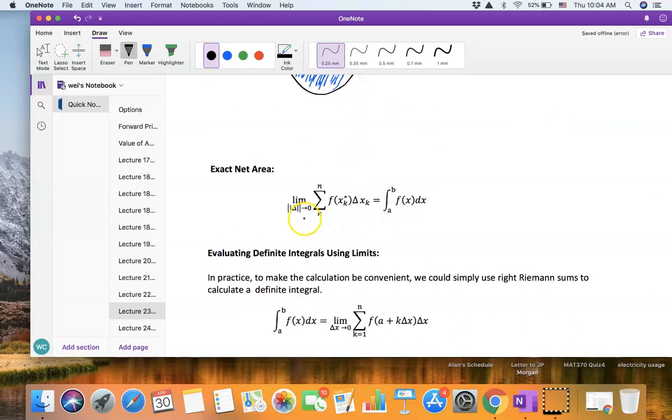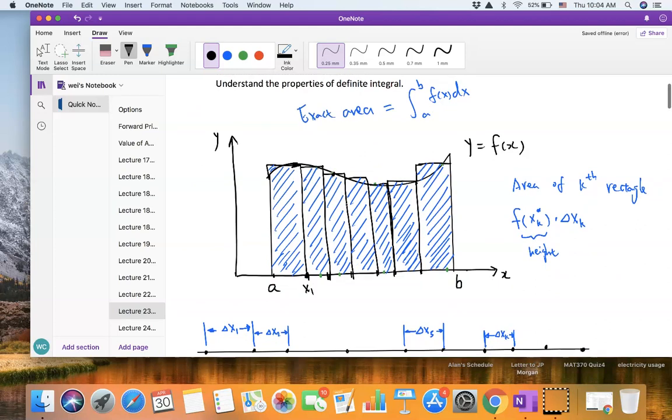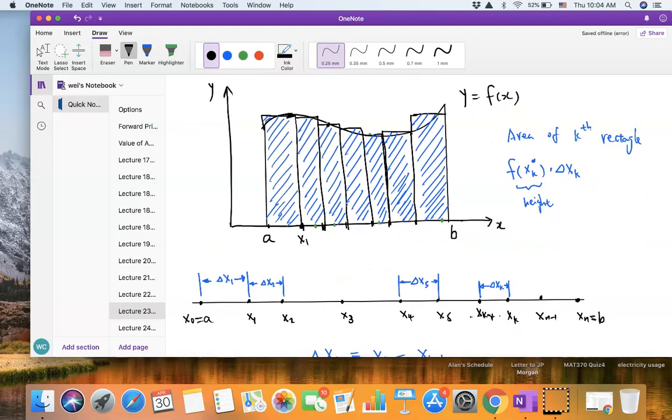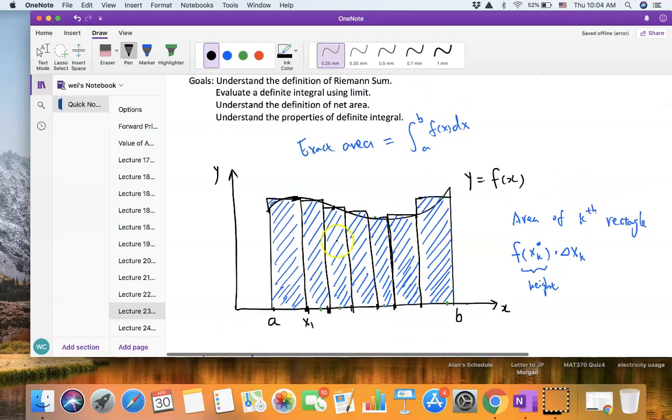Okay, so as long as the function is integrable, the limit of the Riemann sum exists, right? And when we construct the Riemann sum, we set the width of the rectangle and the height of the rectangle can be determined randomly, right?